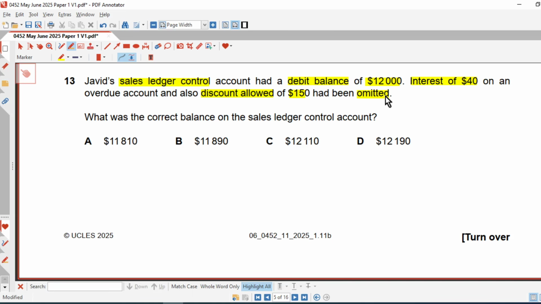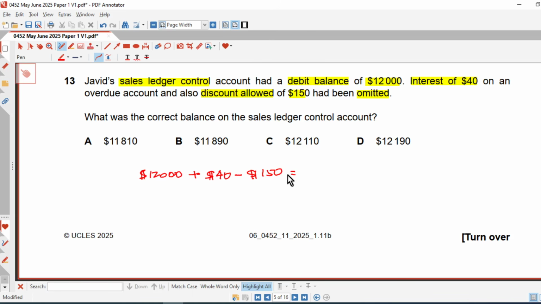Okay, so let's look at the balance, right? Sales ledger control initially was at 12,000. There is an overdue interest, so this should increase the amount owed by the receivables. Discount allowed, right? We give a discount to our customers. This should reduce the amount they owe.